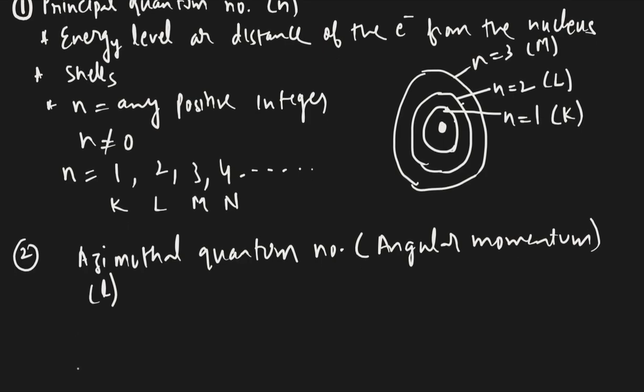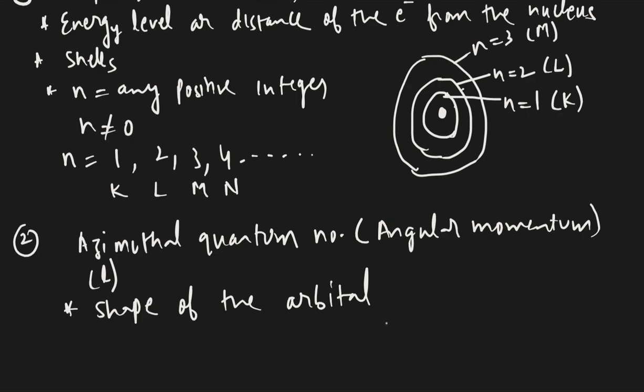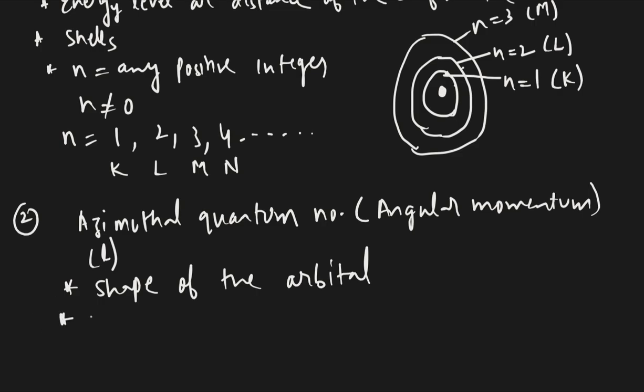And what does it represent? It represents the shape of the orbital. And what is an orbital? If you can recall, an orbital is the area where the probability of finding an electron is maximum. So this represents the shape of the orbital, and this also gives you the value of the subshell. N gives you the value for the shell, l gives you the value for the subshell.